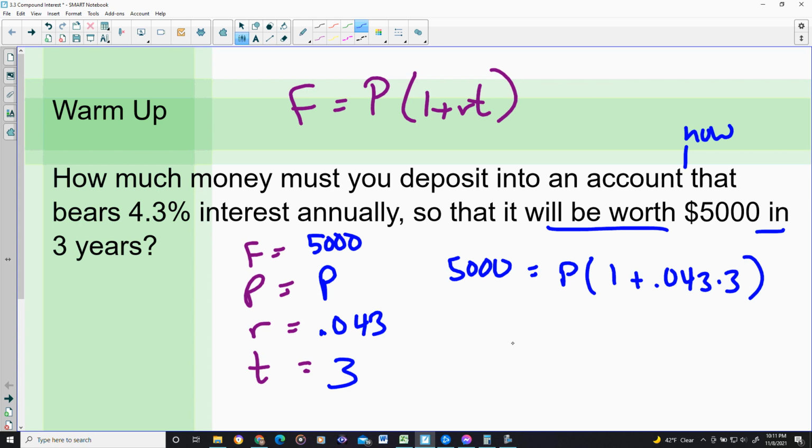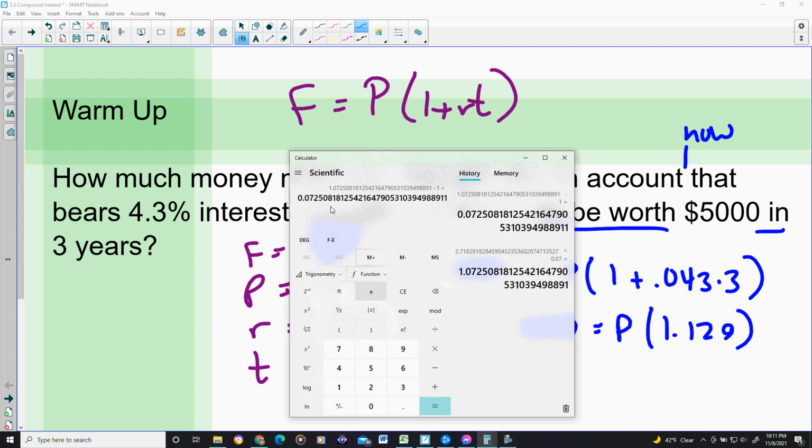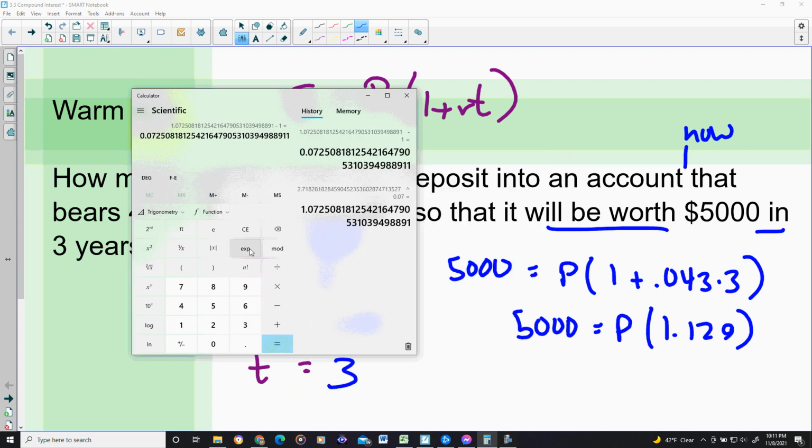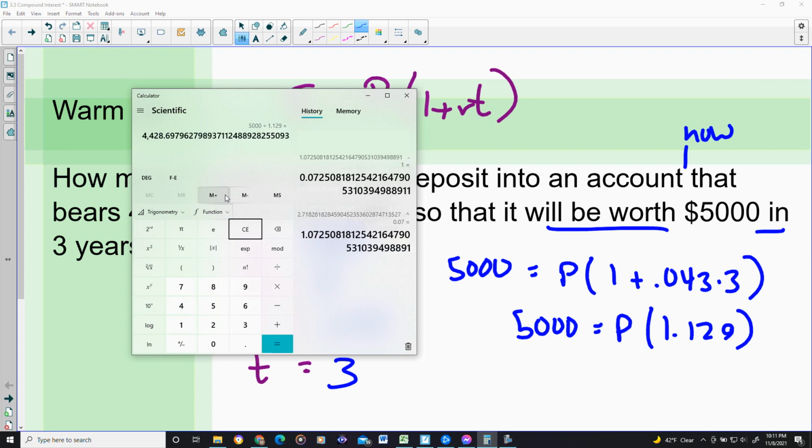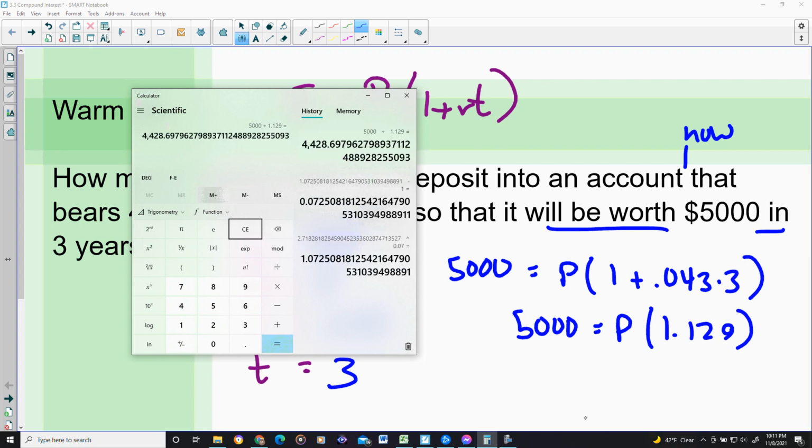So 1.129. So 5,000 equals P times 1.129. And then all we have to do is divide. And so I just take my trusty calculator. Let's clear that out. And I'm going to do 5,000 divided by 1.129. And I get 4428.7.